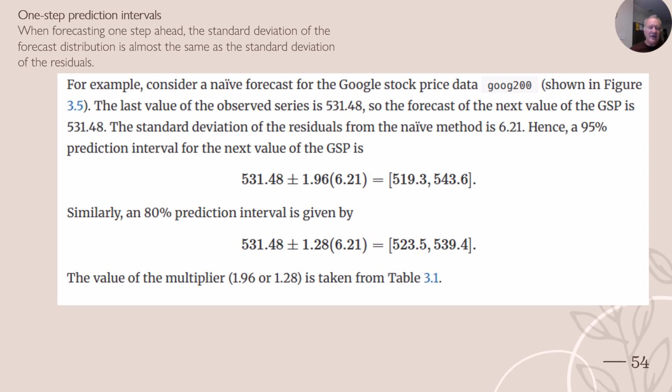Hence, the 95% prediction interval for the next value will be 531.48 plus or minus 1.96 times 6.21. This gives us a range of values, the lower value using the minus sign of the product of those two numbers, and the upper value using the plus sign. Similarly for the 80% prediction interval, we look it up in the table, it comes out to be 1.28, and we do the same thing.